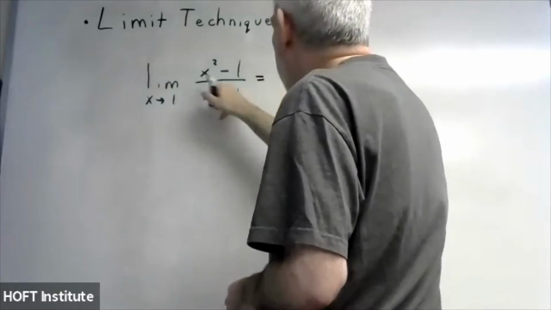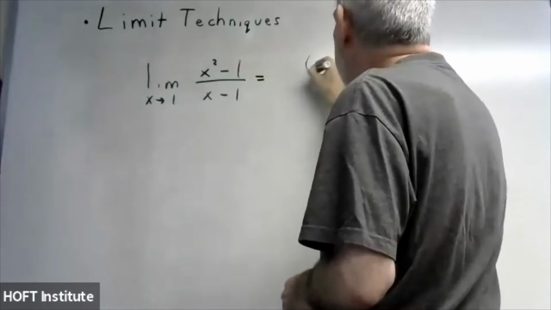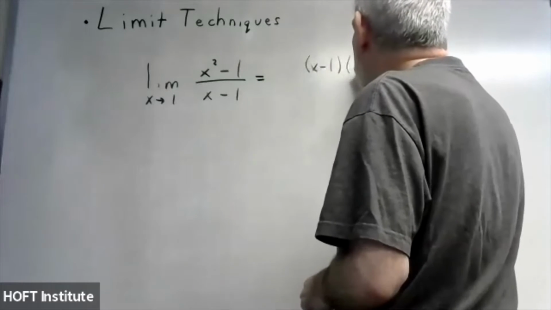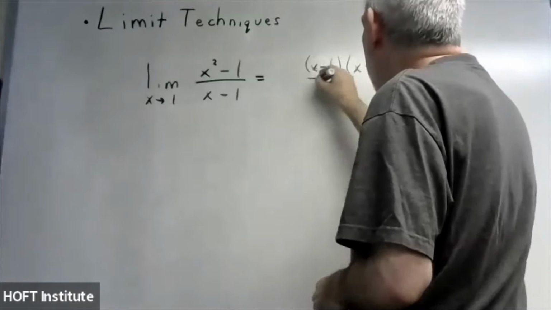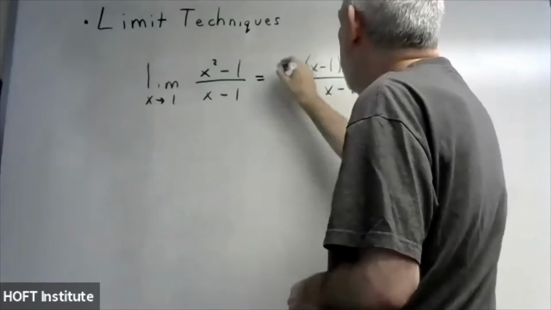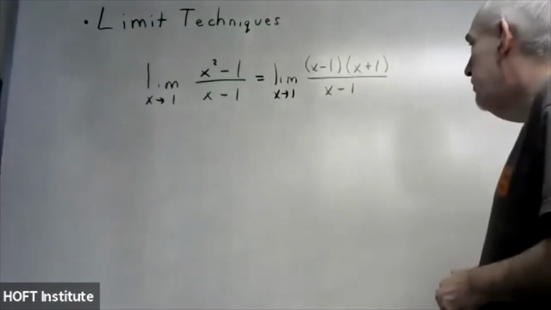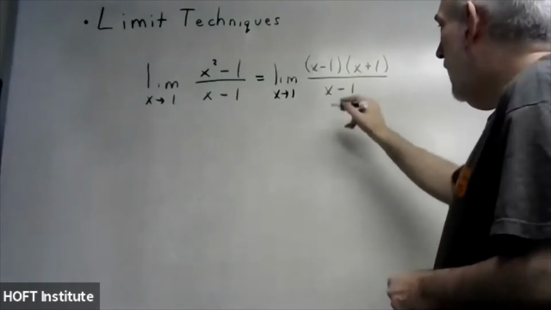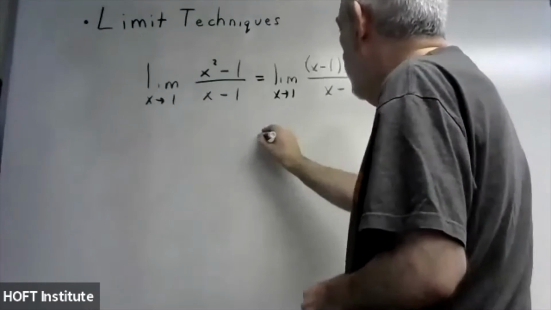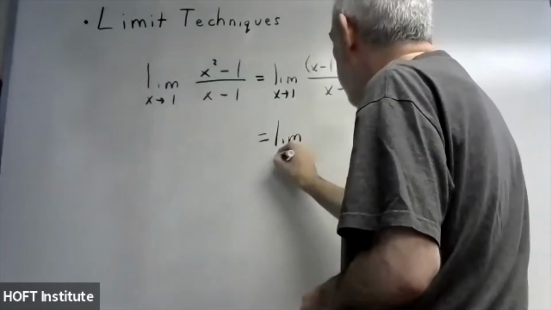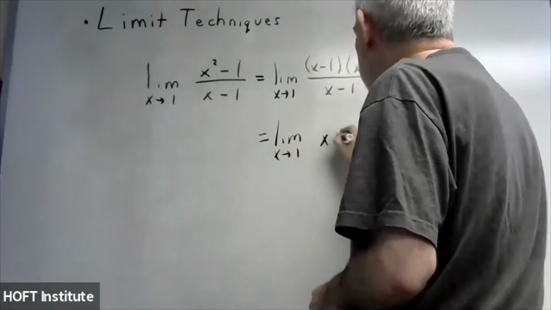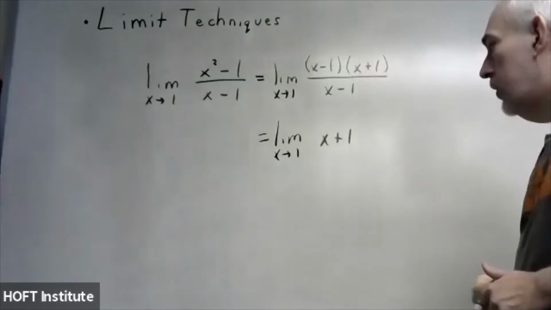If we simplify the expression on top, we can factor that out into x minus 1 times x plus 1. Then you can cancel the x minus 1s on the top and the bottom, just leaving the x plus 1.